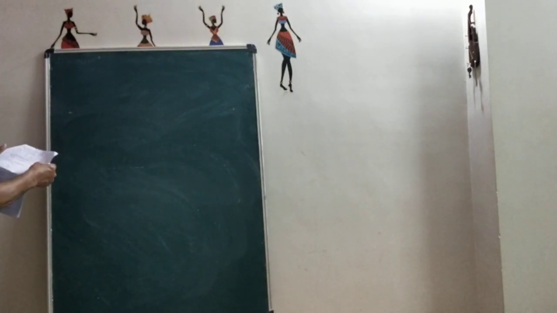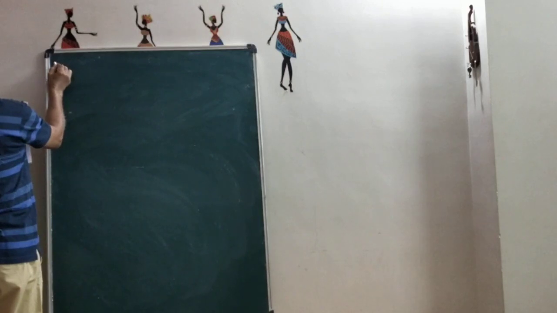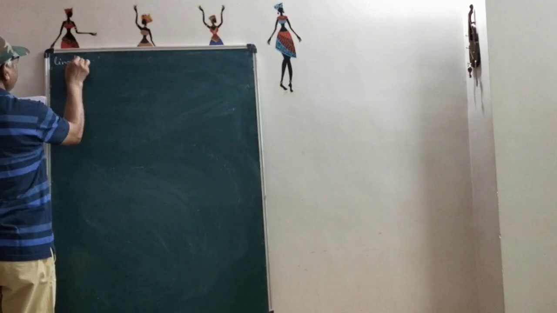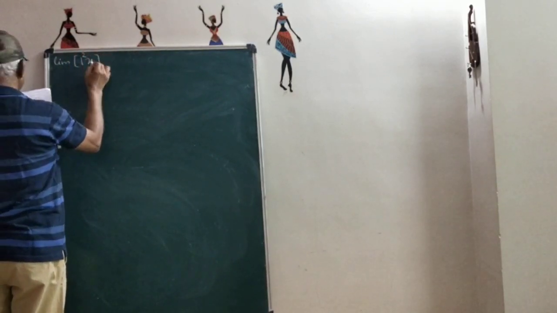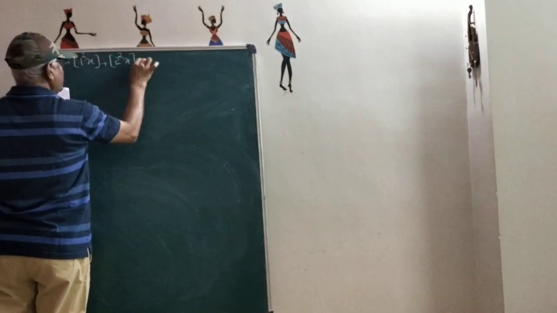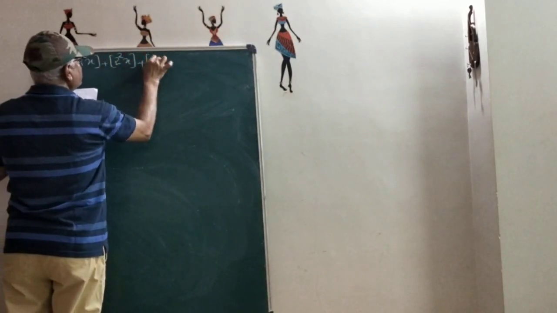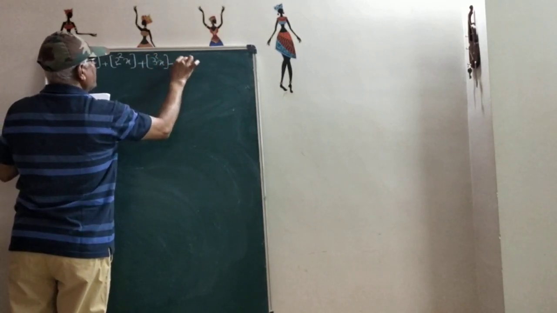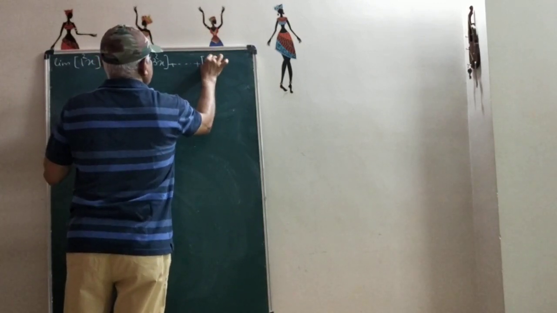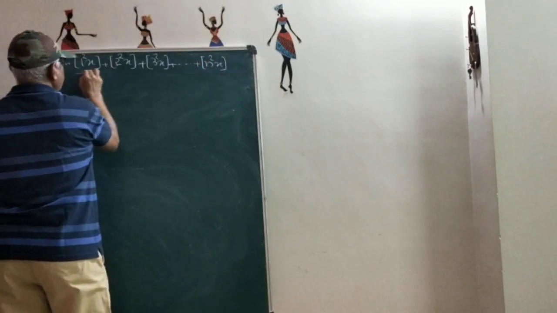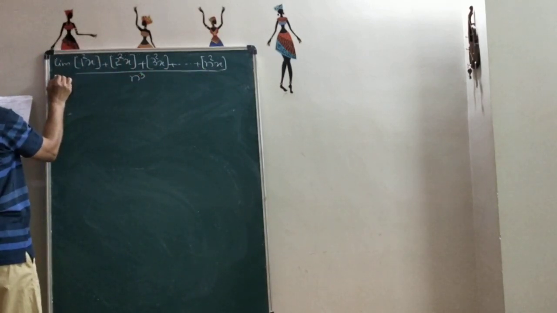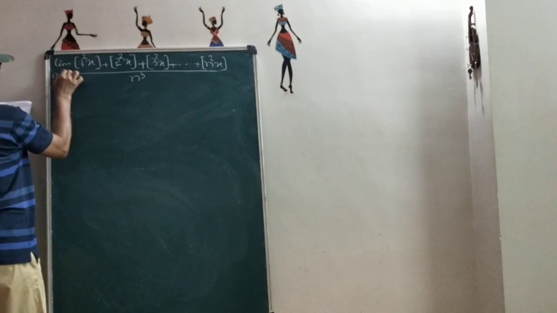The next question here: if [x] is the greatest integer, then find the limit of the greatest integer of 1 square into x, plus greatest integer of 2 square into x, plus greatest integer of 3 square into x, plus and so on up to plus greatest integer of n square into x, divided by n cube as n tends to infinity.